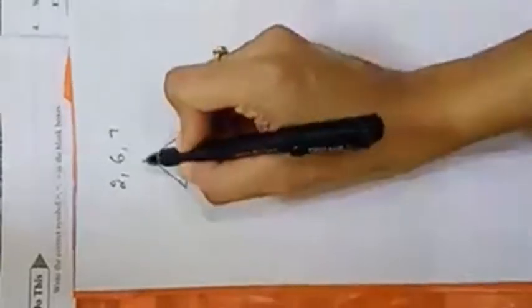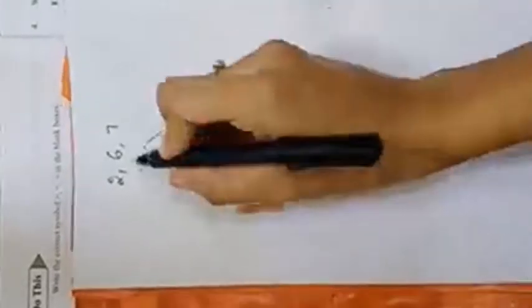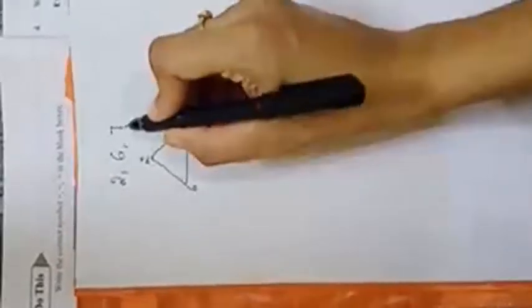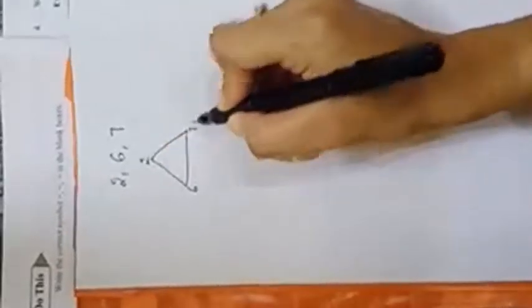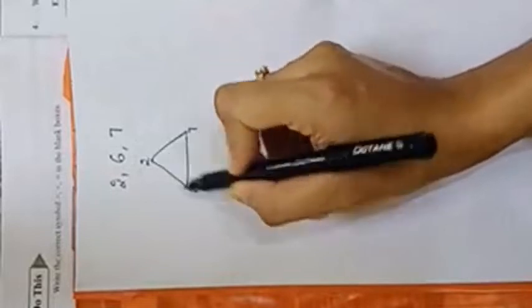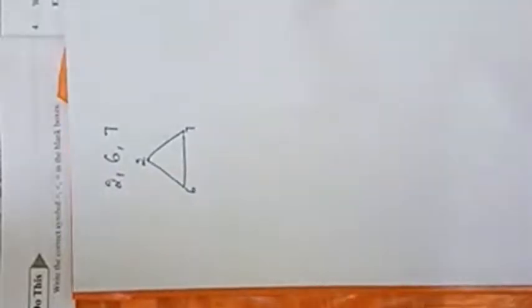Draw one triangle shape. First you write the first digit on the top, the second digit on this side, and 7, the last digit, at this corner. Whatever digits he has given to us, just write them at the corners of the triangle.